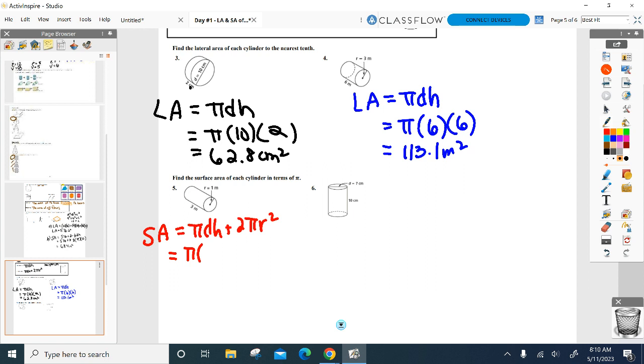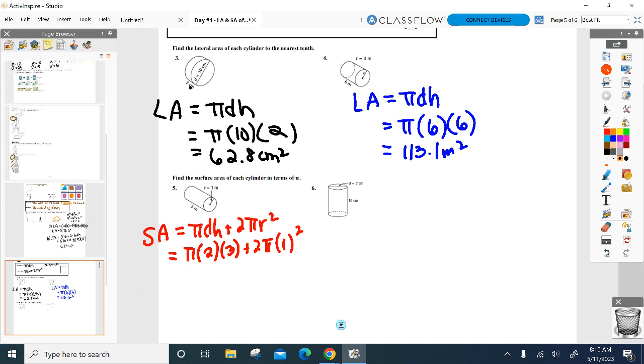Diameter of this cylinder? Double it? 2. All right, just making sure we're good. 2, height of 3, plus 2 pi 1 squared. I always get nervous with that formula because diameter's on one half and r's on the other.